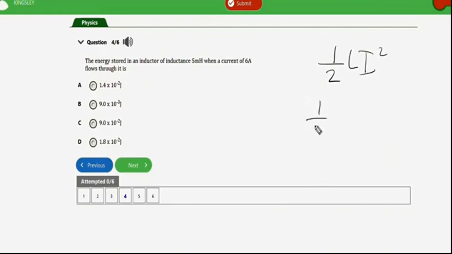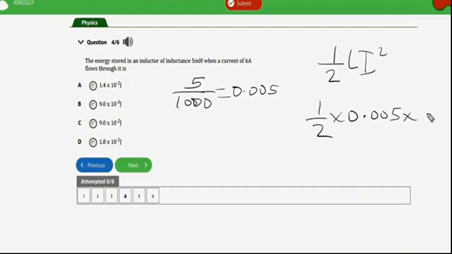We're going to have half. Now the inductance here is 5 millihenry. From the options we have, this tells us that they converted this 5 millihenry to Henry. So to convert 5 millihenry to Henry, it will be 5 over 1000, which will give you 0.005. So we have half times 0.005 times 6 times 6, where 6 is the current.